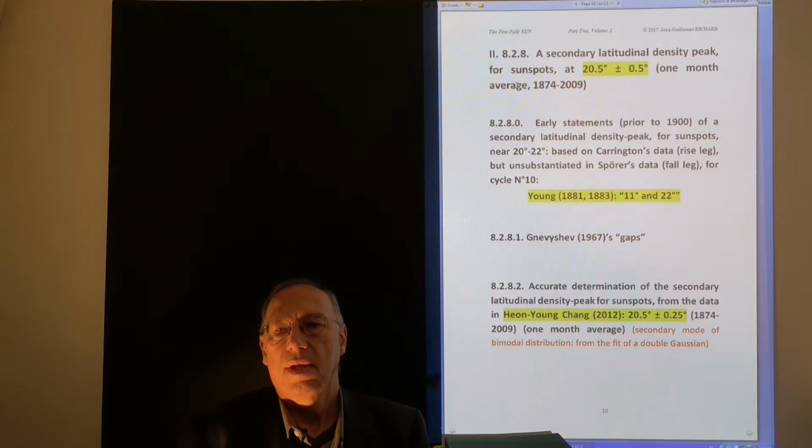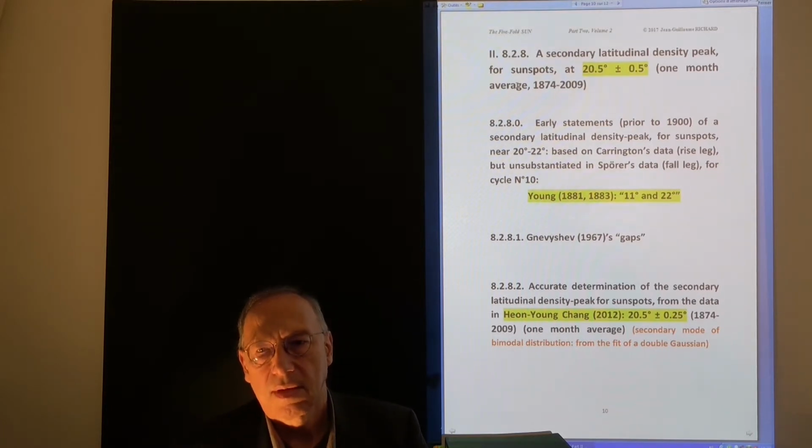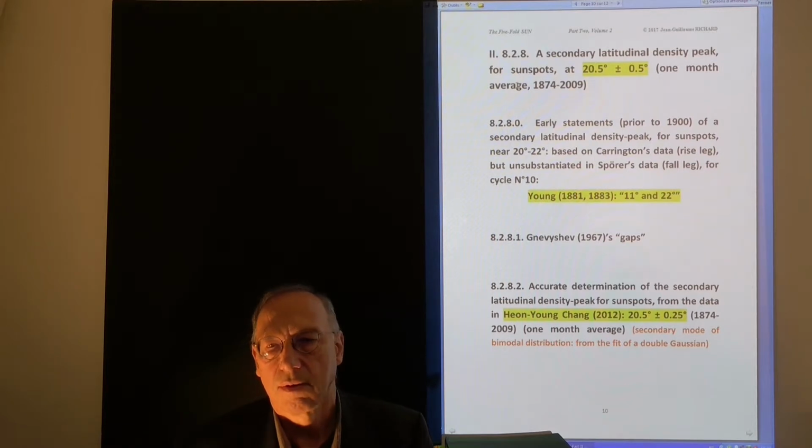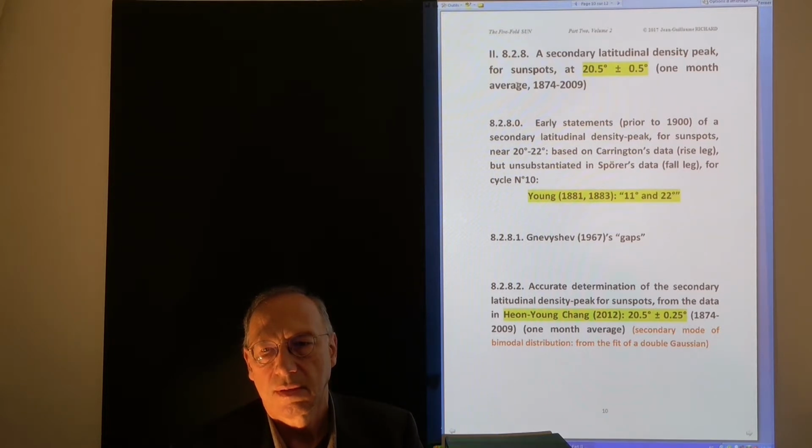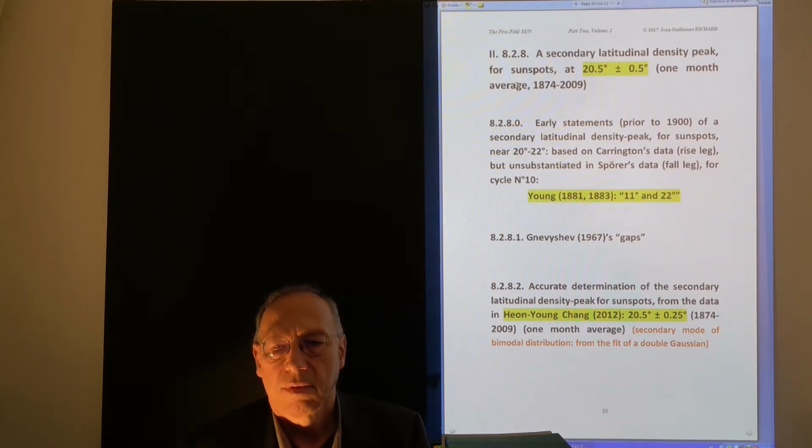There is actually a secondary latitudinal density peak, which is a much lower peak, much less density, at 20.5 degrees, according to the analysis in Heon-Young Chung, again for a 1-month average. Heon-Young Chung worked on the Greenwich data.